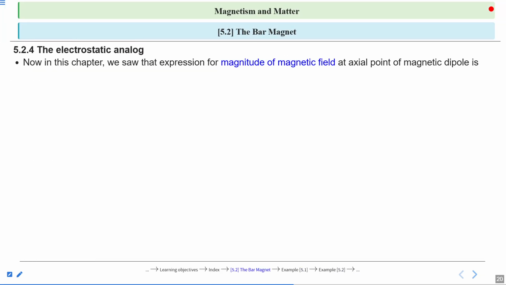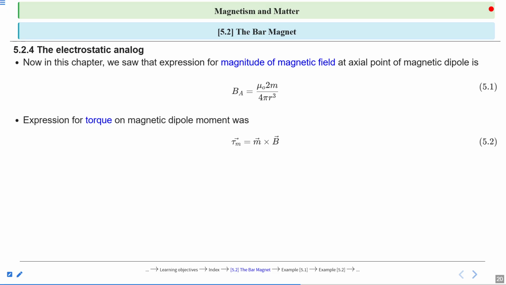Now in this chapter, Magnetism and Matter, we saw that the expression for the magnitude of magnetic field at an axial point of a magnetic dipole is B A equal to mu naught 2m upon 4 pi r cube. We have replaced E with B and P with M. Mark it as 5.1 equation. The expression for torque on a magnetic dipole moment was tau m equal to m vector cross B vector.